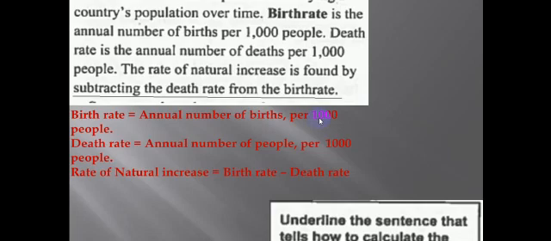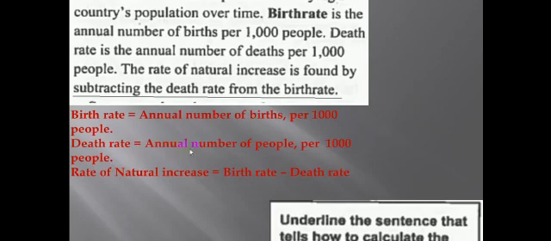We will take all the births in 1 year for only these 1,000 people. Let's say for these 1,000 people in some area, they have, for example, 200 births in 1 year. So 1,000 people have 200 births during the whole year.